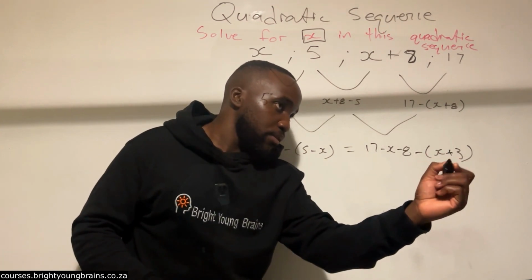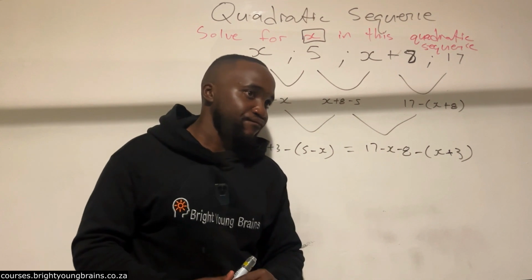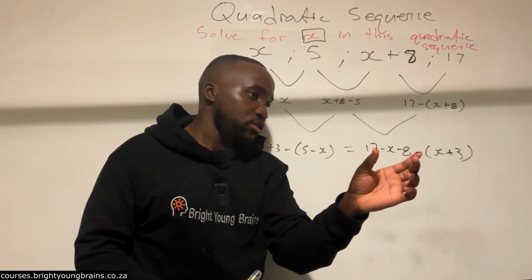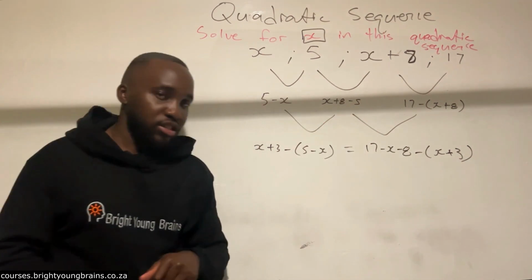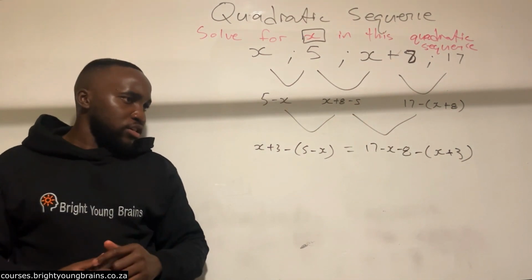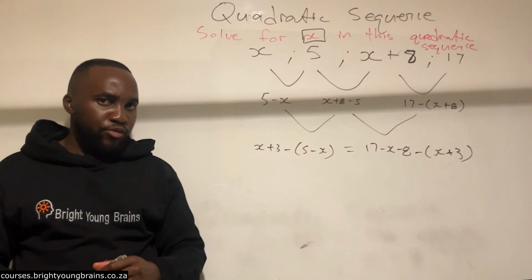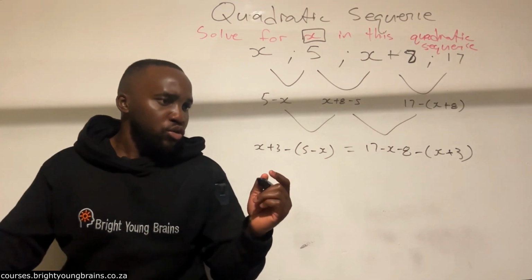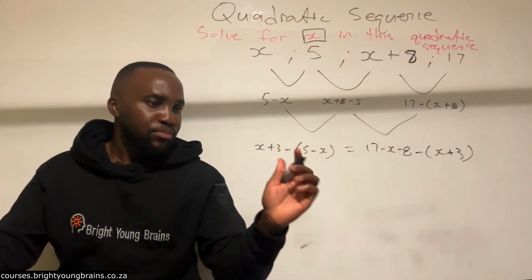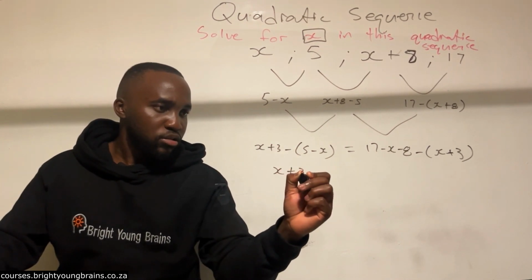So this should be plus 3. Oops. Because this value here is what we have over there, and then this value here is what we have over there, just simplified. So if you're going to solve for x, it's just a matter of solving this equation. So solving this equation, this side you can just simplify, x plus 3.